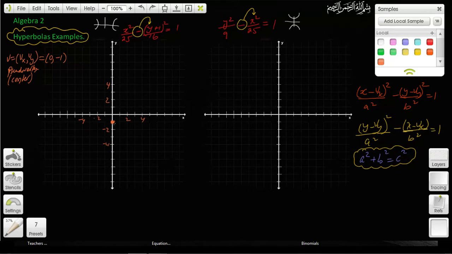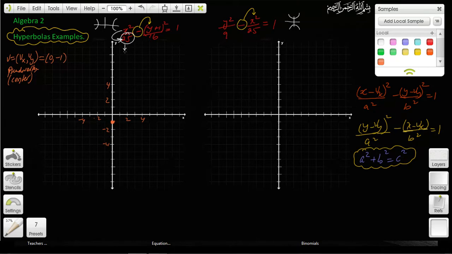So to make that hyperbolic rectangle, you need A and B. And now it doesn't matter which one is A, which one is B. The way I do it is I look at the x term, and the denominator for the x term is 25. Okay, so in that case, if you take the square root of that, I'm going to go 5 units from here.